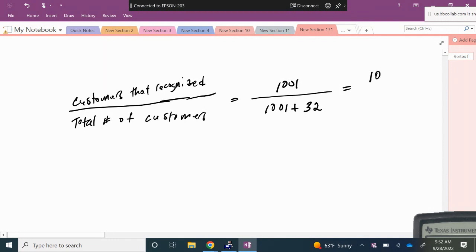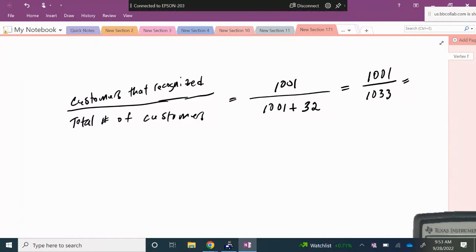So I have 1,001 divided by 1,033, right? Because there were 1,001 customers that recognized McDonald's. The total number of customers were the 1,001 that recognized plus the 32 that did not recognize McDonald's.